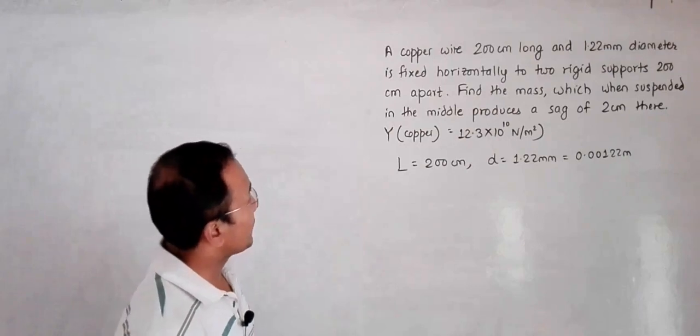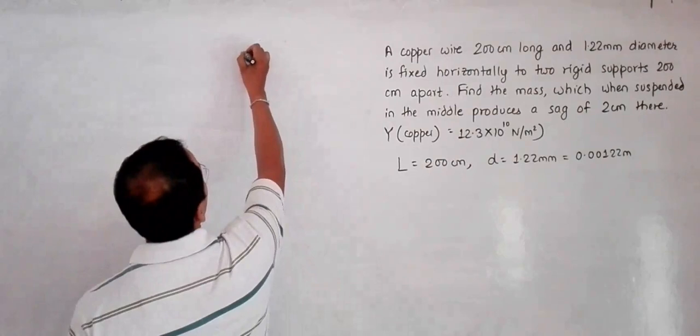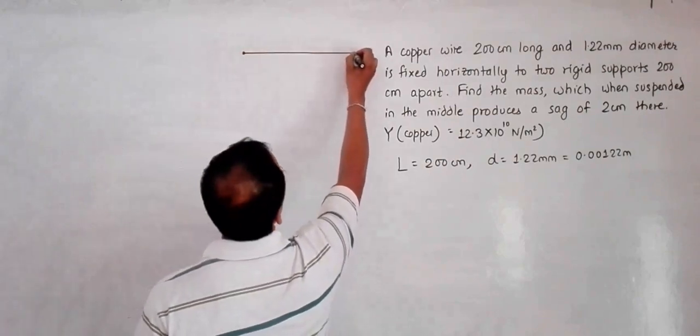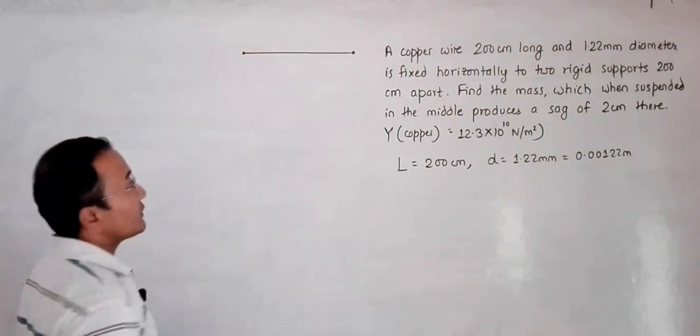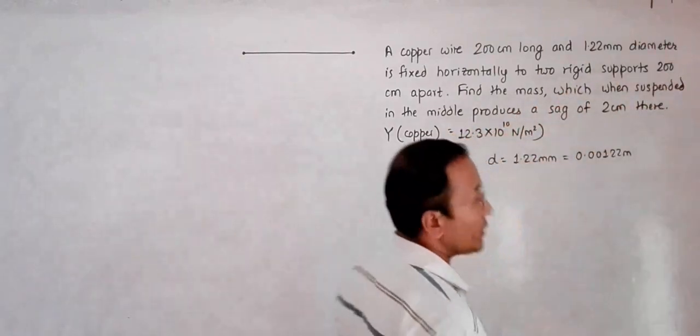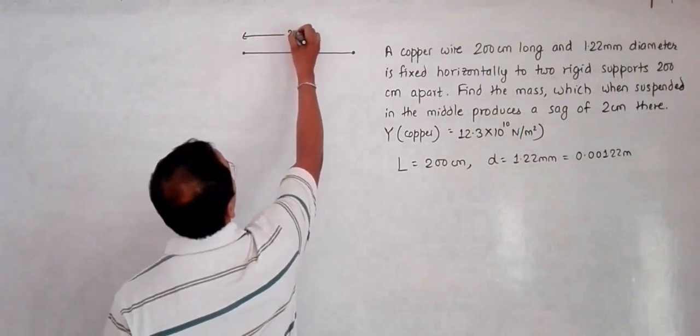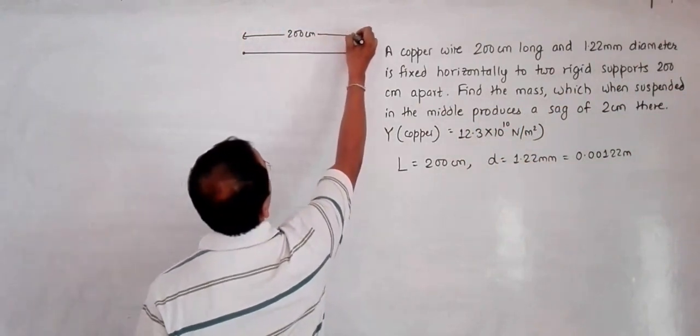So what we have is this wire has been supported by two rigid supports. The length of the wire is 200 centimeter and the supports are also 200 cm apart. So this length from here to here is 200 centimeter.